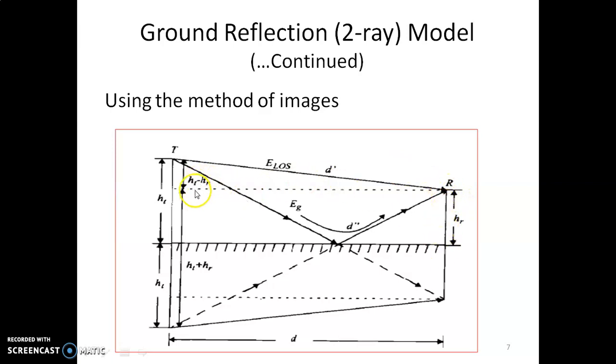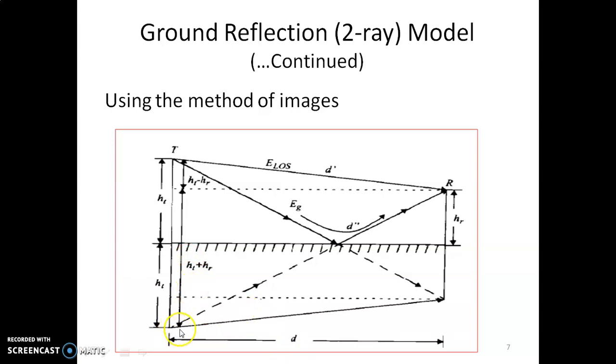What is this distance? ht minus hr. Then similarly in here, this total distance will be equal to, this is ht, so up to this you will be getting ht plus hr.